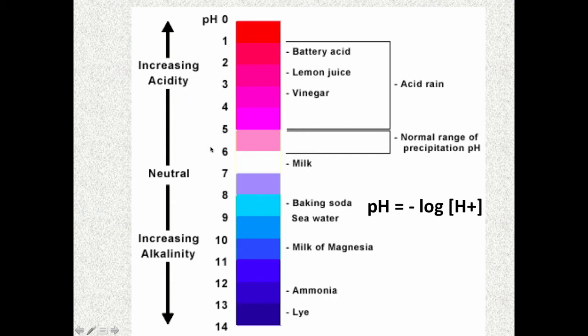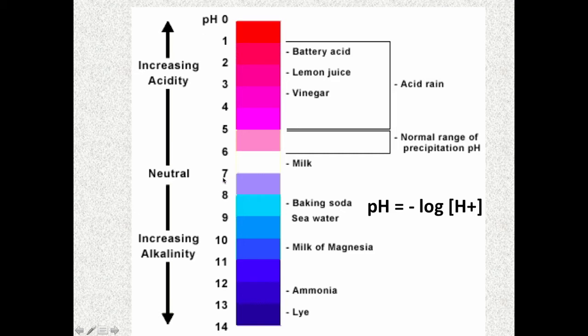Now that's an important thing to keep in mind because it is easy to forget, that as acidity increases, the pH number decreases. Okay? So 7 is neutral. As you get closer to 0, the hydrogen ion concentration increases, which causes the acidity to increase.